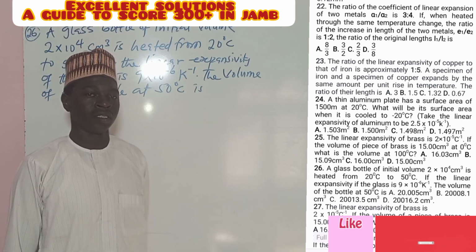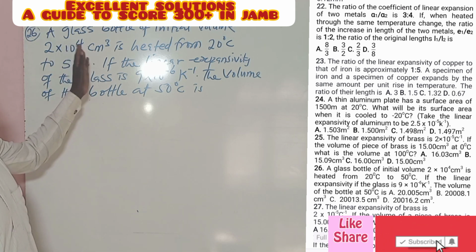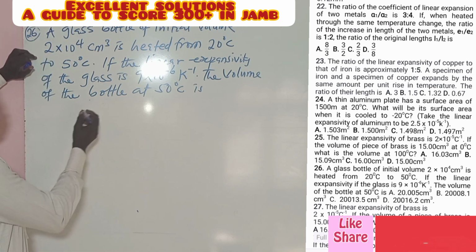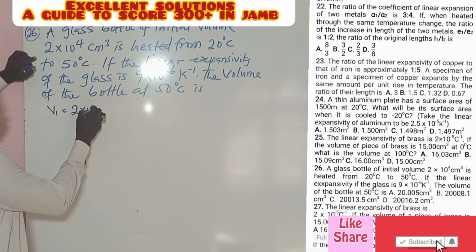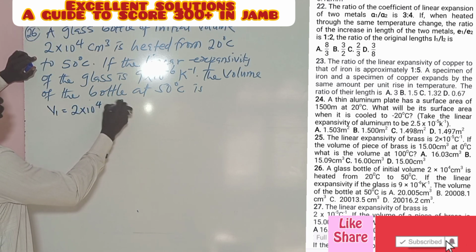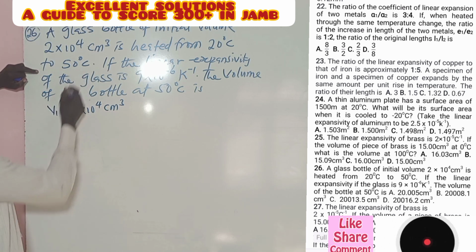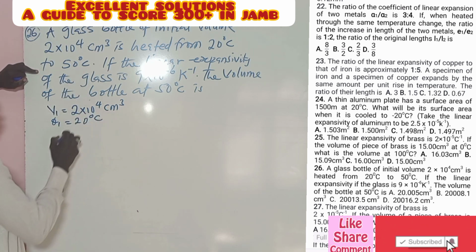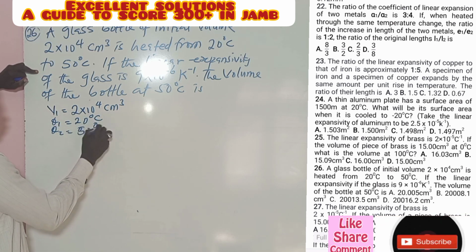Our next question is question 26, and this question says a glass bottle of initial volume 2 exponential 4 centimeter cube, so our V1 equals 2 exponential 4 centimeter cube, is heated from 20 degrees Celsius to 50 degrees Celsius. So theta 1 equals 20 degrees Celsius, theta 2 equals 50 degrees Celsius.